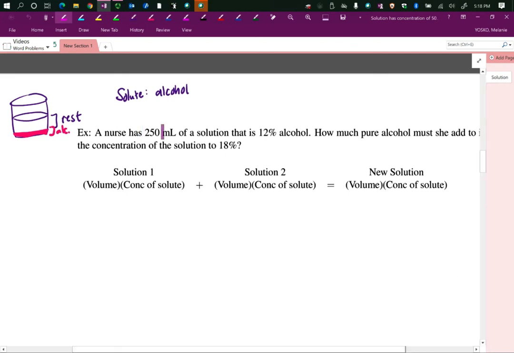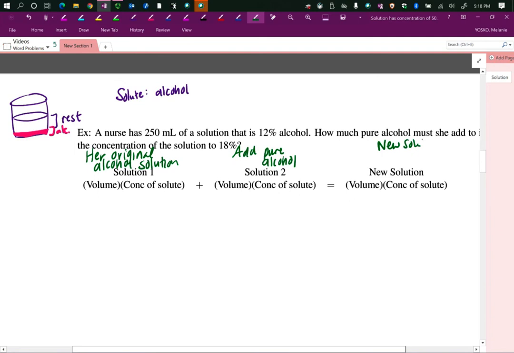So a nurse has a solution, and then what is she going to do? Well, she's going to add something to it. She's going to add pure alcohol, and she's going to make a new solution. Solution 1 is her original alcohol solution, and then she's going to add pure alcohol and get a new solution.